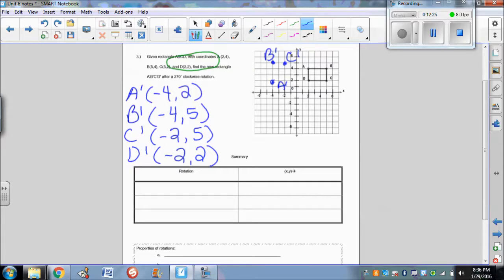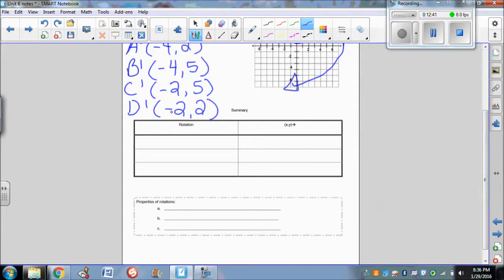And -2, 2. So once you connect that, that new rectangle should look like it has been turned, remember, clockwise, 270 degrees. Okay? So our little summary here: clockwise, 90 degrees. That was our first one that we did.